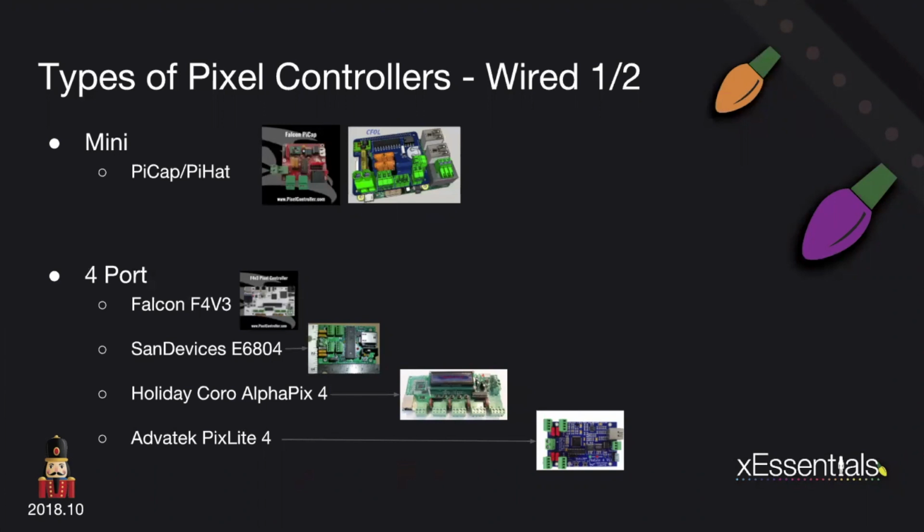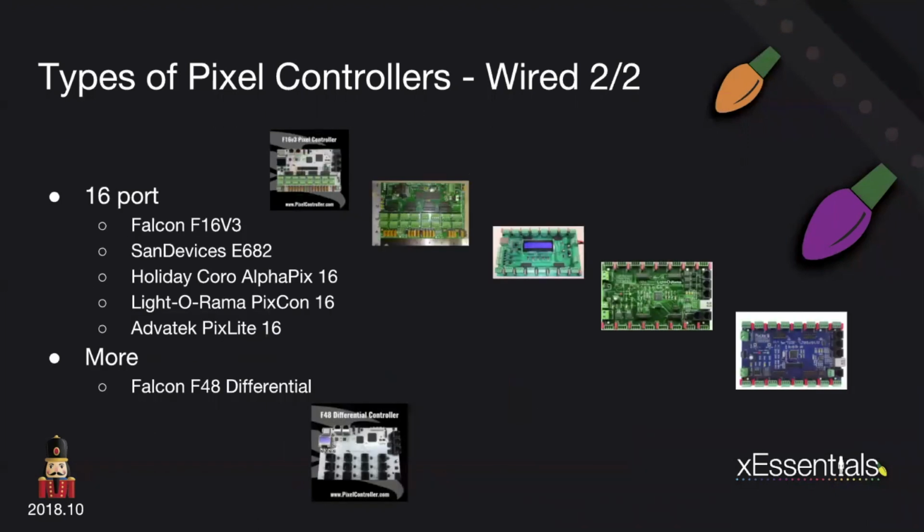Moving on to the next order of size of controller is the 16 port. A lot of the same characters that we saw on the 4-port controllers from the same manufacturers, just with more ports. They all have at least 16 pixel ports. They may or may not have additional DMX ports as well, so that you could drive additional DMX devices if you have them.